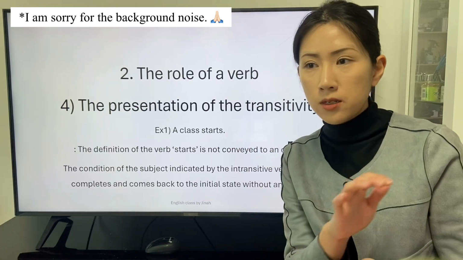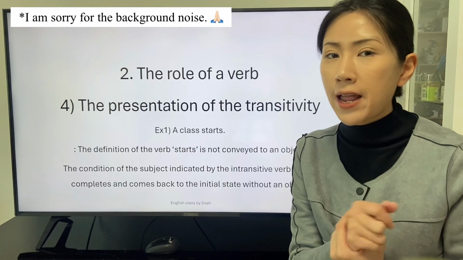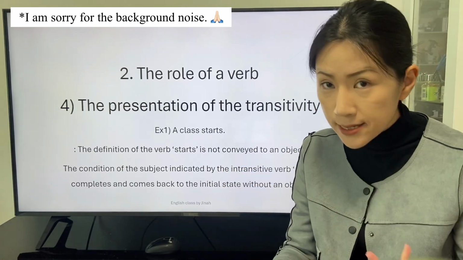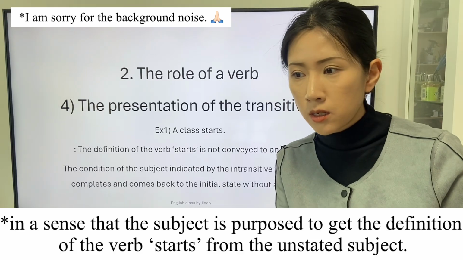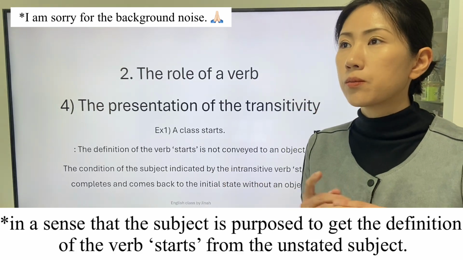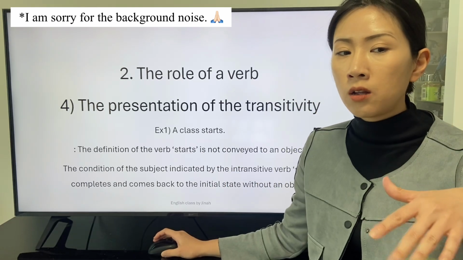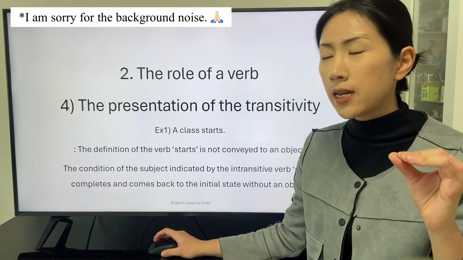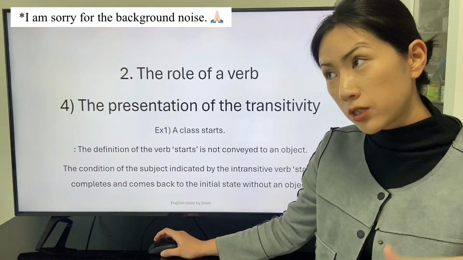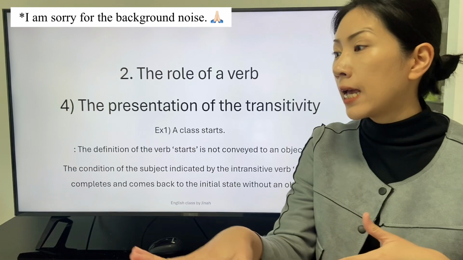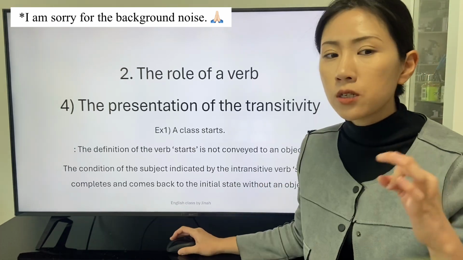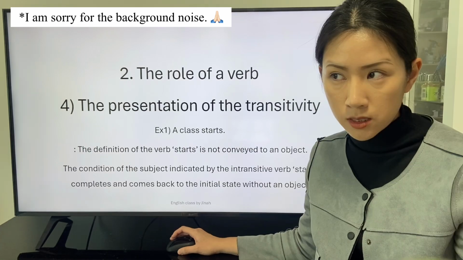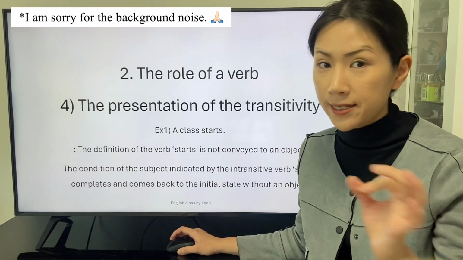The subject indicated by a phrase of noun, a class, is an object. So the subject indicated by a phrase of noun, a class, starts and ends the definition of the verb start. So the verb starts does not have the transitive.